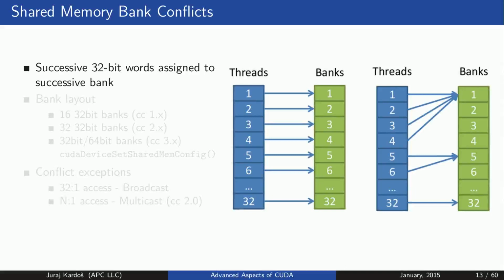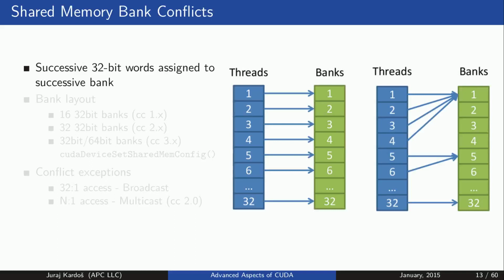To achieve high memory bandwidth for concurrent accesses, shared memory is divided into equally sized memory modules, banks, that can be accessed simultaneously. However, if multiple threads' requested addresses map to the same memory bank, the accesses are serialized.